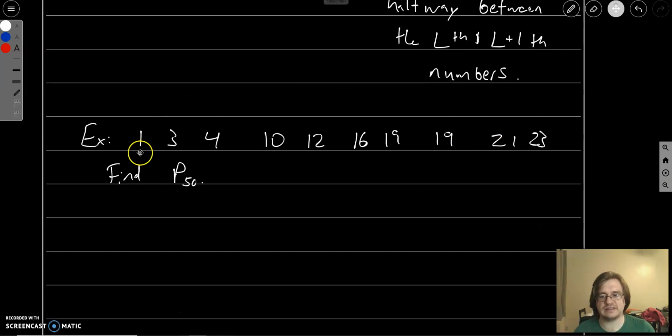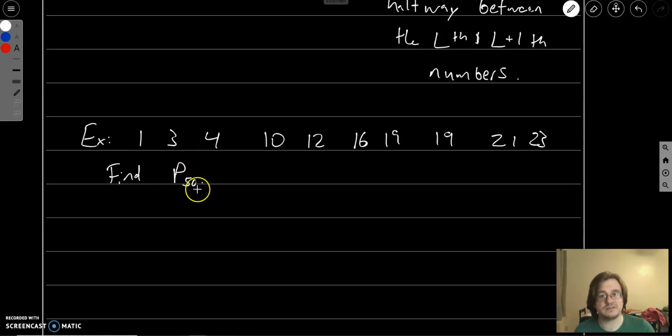So here's the data set that we saw before. And what we want to do is find P50. So P50 should be greater than 50% of the data. That should ring a bell. We want to split the data in half. So this is pretty much exactly like the median. The median will divide the data set in exactly half.